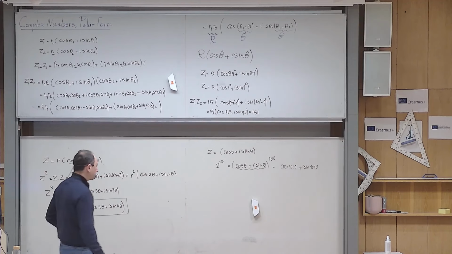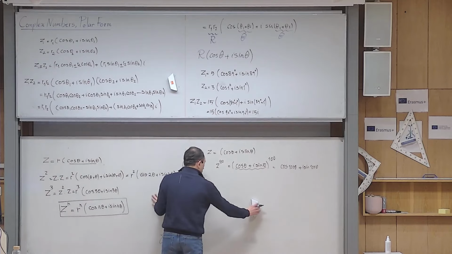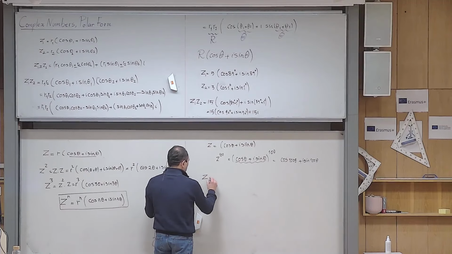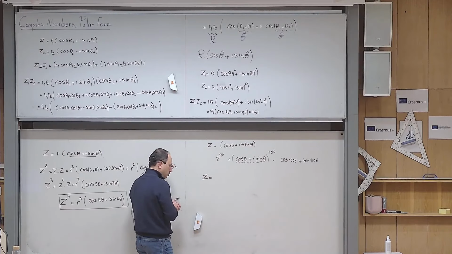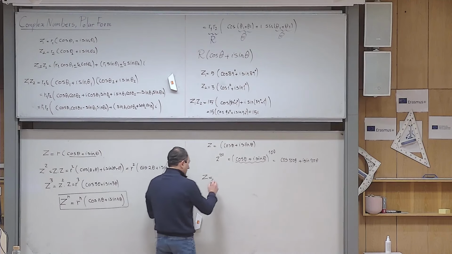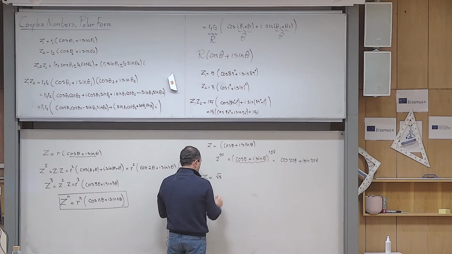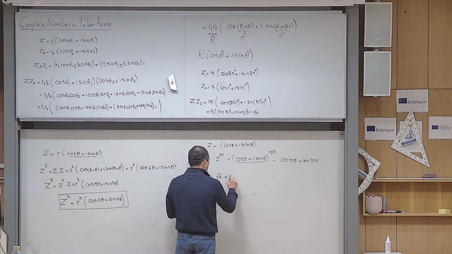For example, let me give you this question. Z, let us write it in this form. So let us write a square root of 3, and then let me write this 3i.